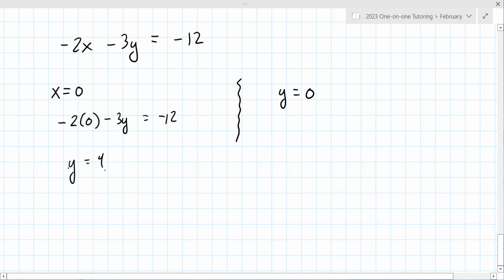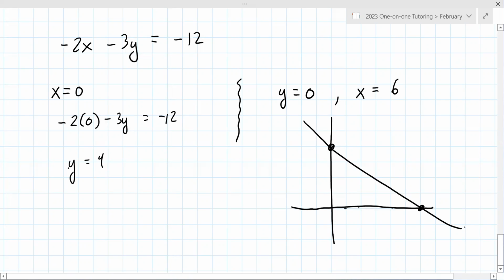Give me those. If y equals 0, then x equals +6. Yes. So this graph looks more like 4, 1, 2, 3, 4, 5, 6, something like that. Questions on that?